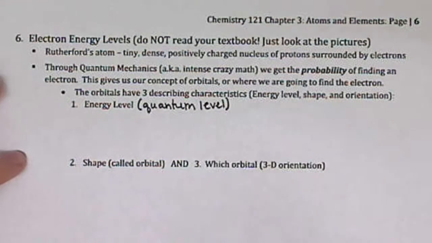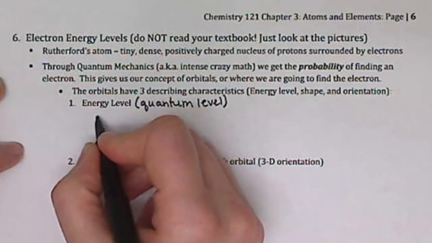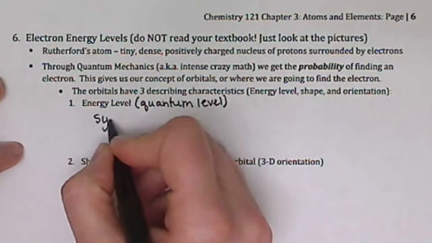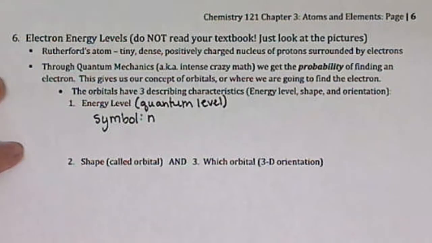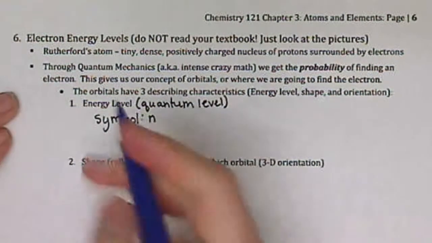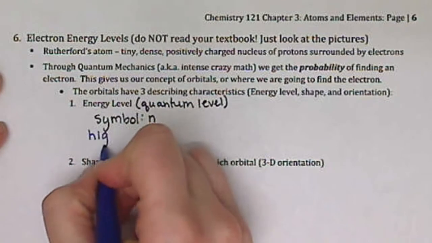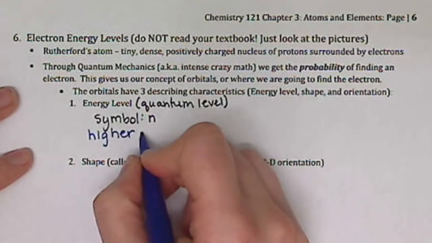This is just a fancy way of saying how far away from the nucleus the electron is. The symbol that we give the energy level is the lowercase n. And what it tells us is that the higher the n value, the further away from the nucleus that electron is.